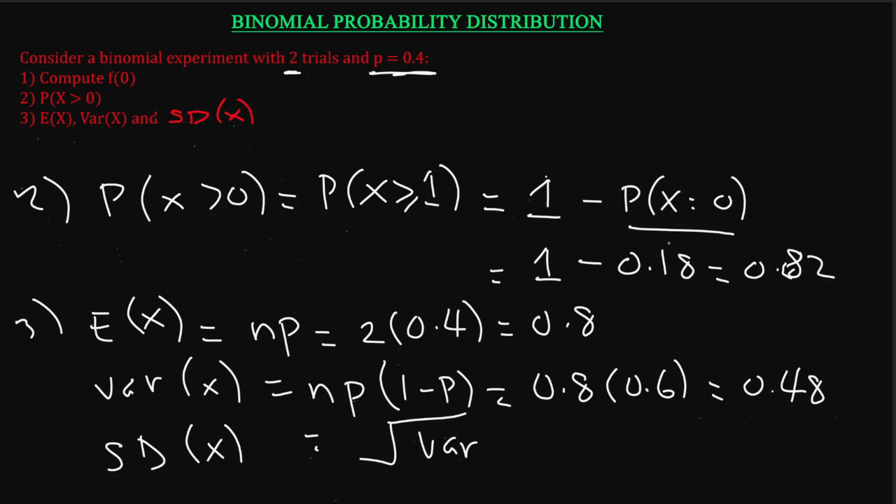You take the square root of 0.48, and this is equal to 0.69.